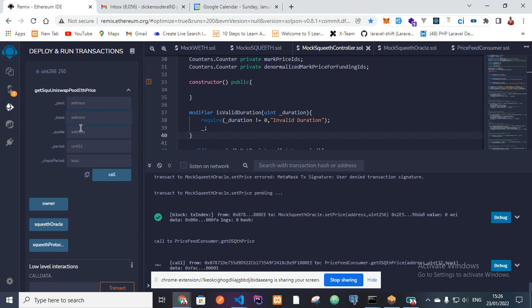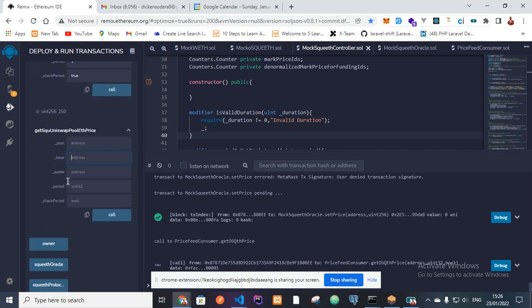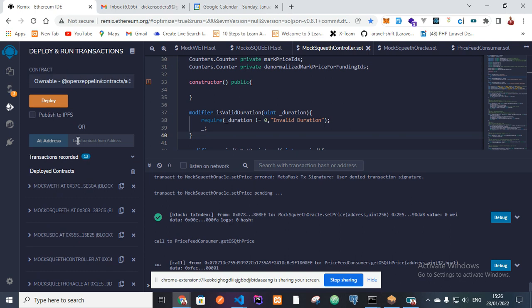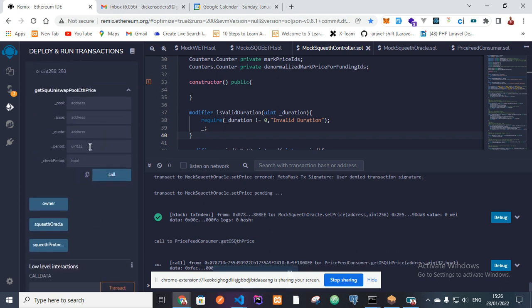From the base, in this case, we want to specify the price of mock WETH against mock USDC. So let's talk about the addresses. First we'll have the oracle, which we had set its price pool.